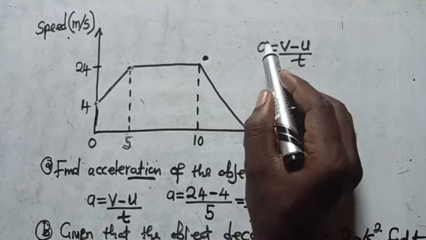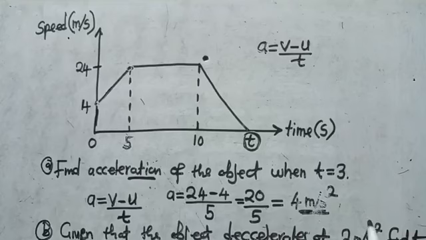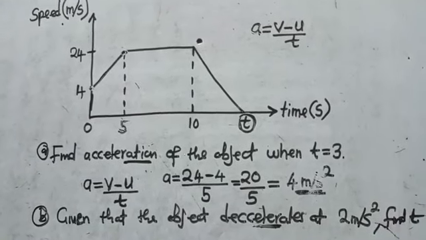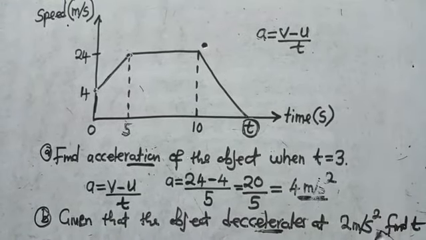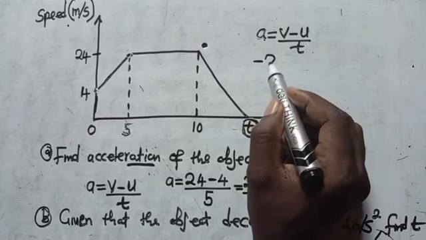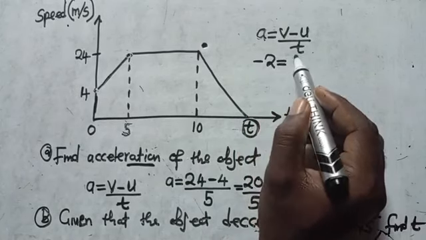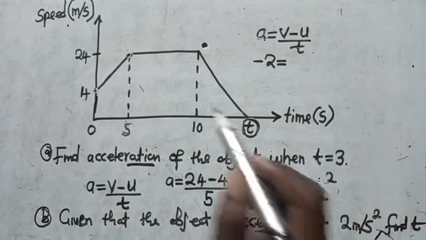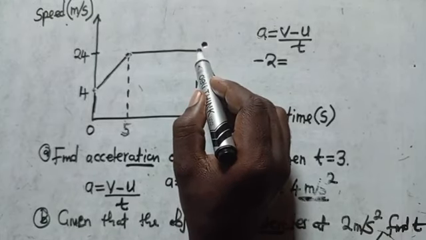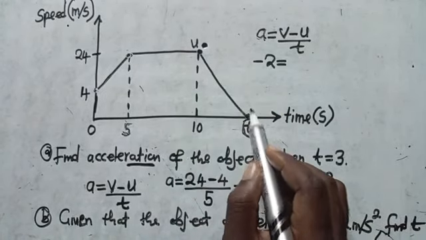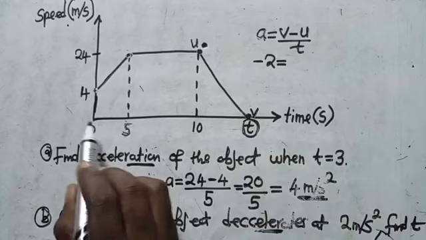This is deceleration in this case. We've been told that it decelerates at 2 meters per second squared, so I'm going to put a negative 2, which is equal to the final velocity. It was starting from here, this is your initial, then the final velocity is there. So the final velocity is 0.